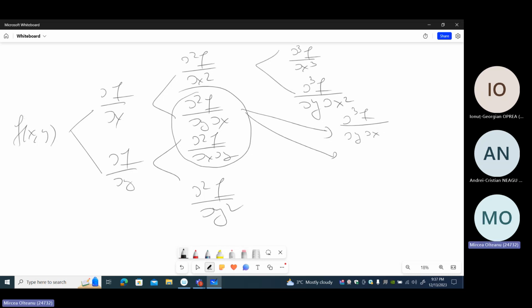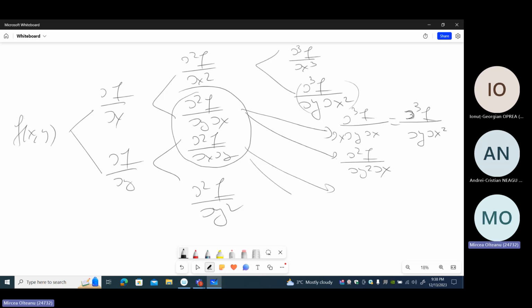Initially it is like that, but because the order doesn't matter, it equals this one. And now we differentiate with respect to y. We shall have something like this.